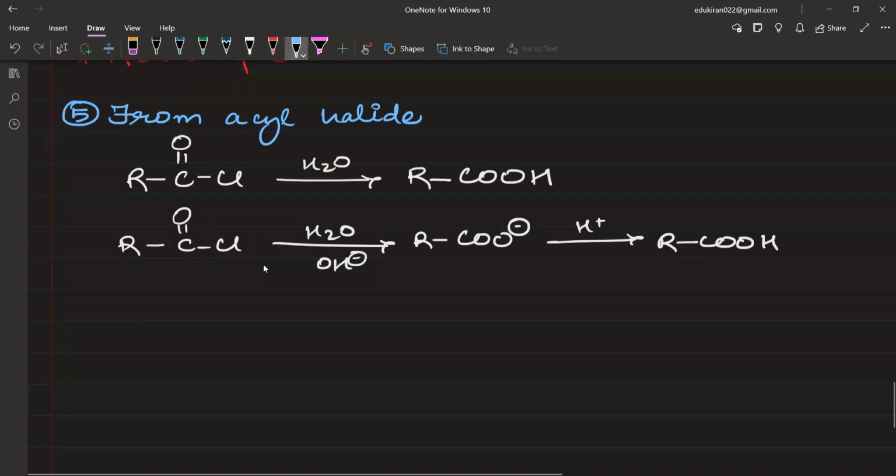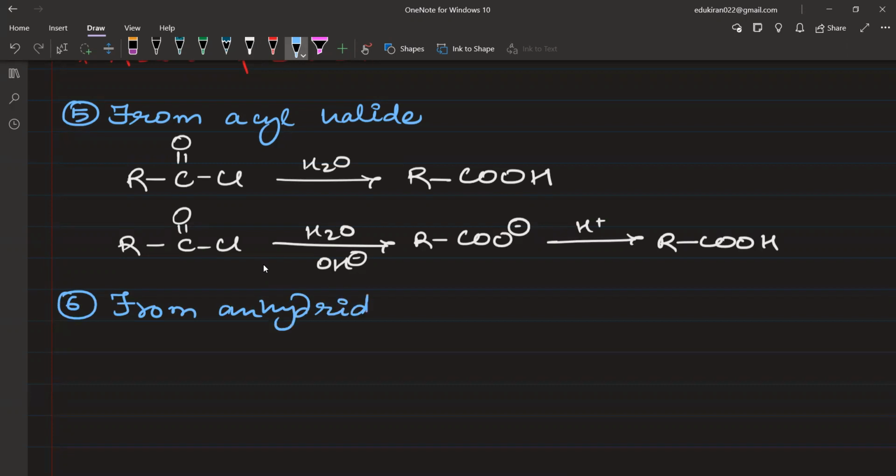Right, next, sixth one from anhydrides. General structure of anhydride is something like this: R, C double bond O, oxygen, C double bond O, and some different R dash or same R dash. You add water to it, what is going to happen?